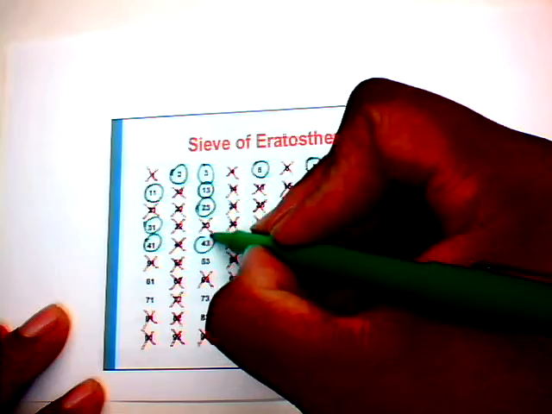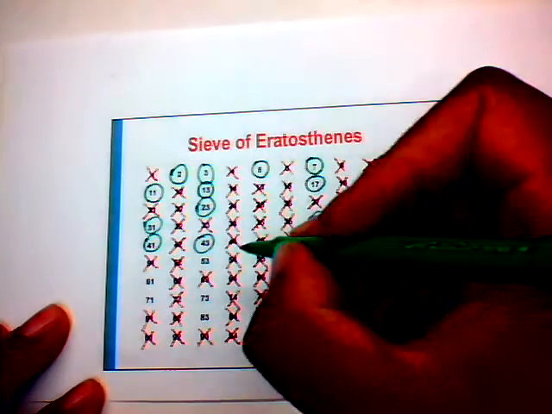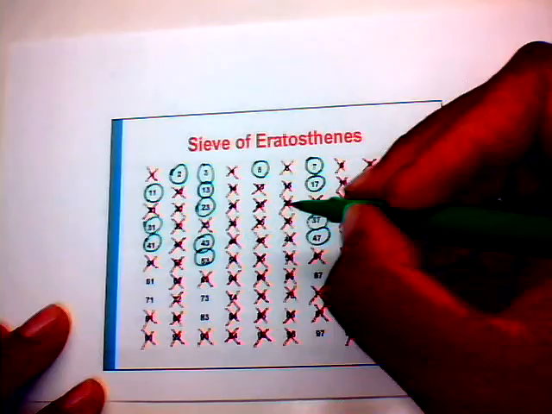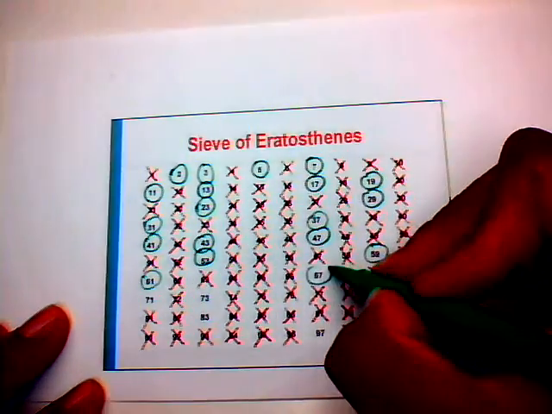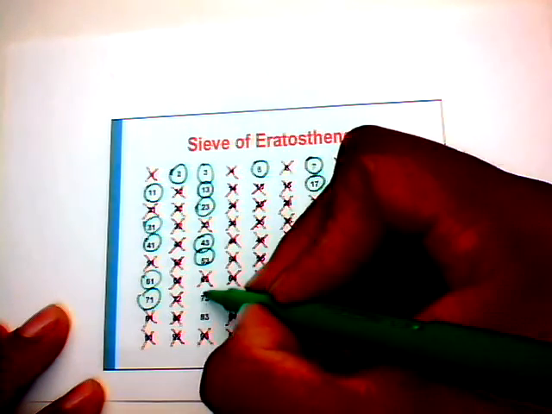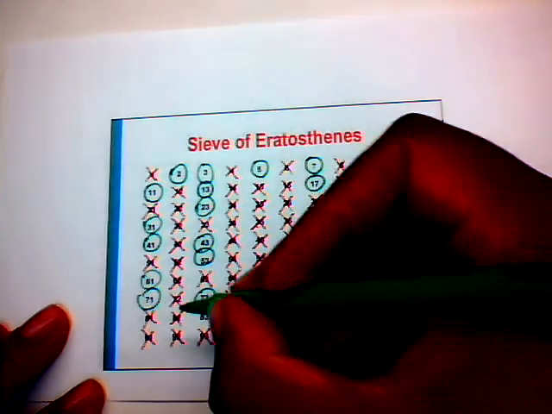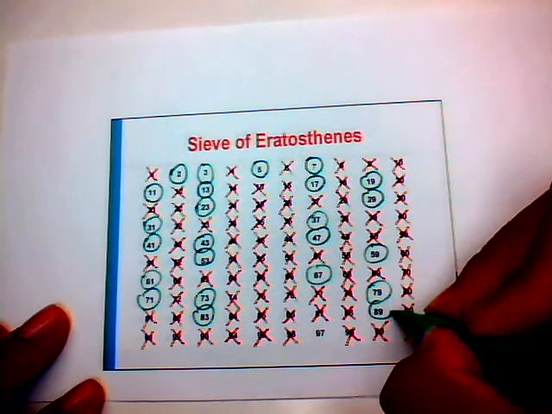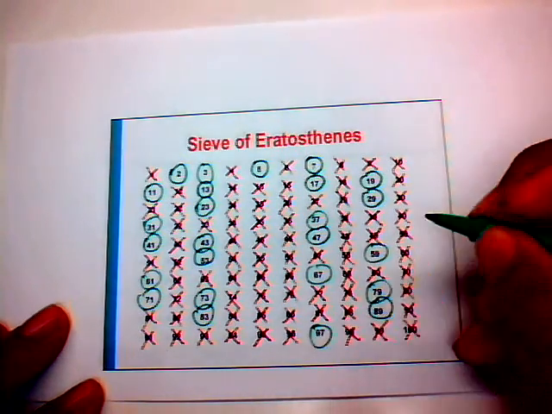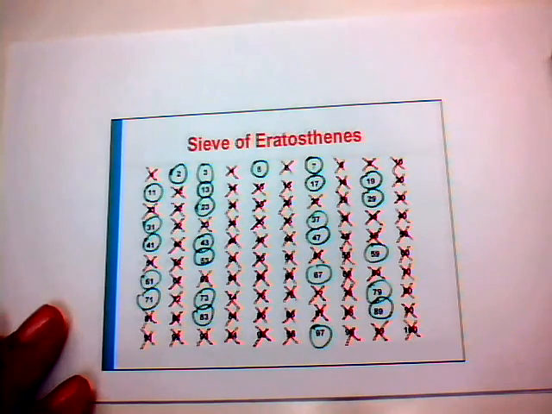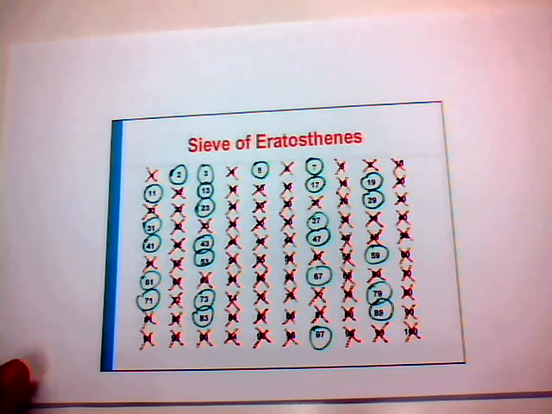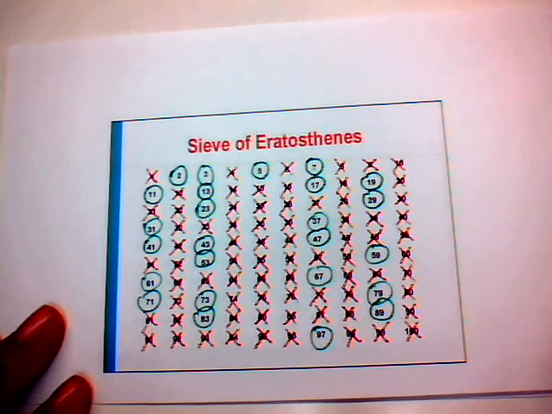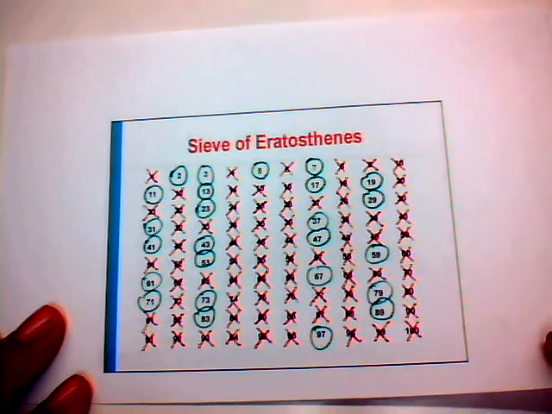Now notice that the numbers that I'm circling in green are the prime numbers that are less than 100. Okay, and that's it. Let's hope I didn't miss any. All right, the ones that are circled in green are the prime numbers. The numbers that I crossed out are your composite numbers because those have more than 2 factors.